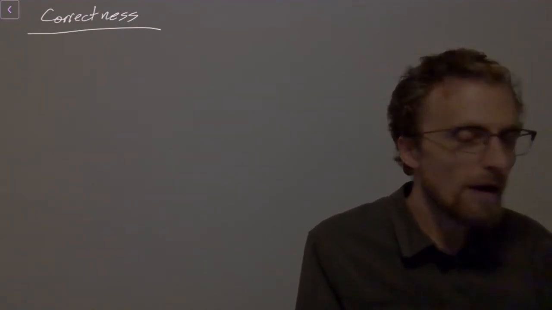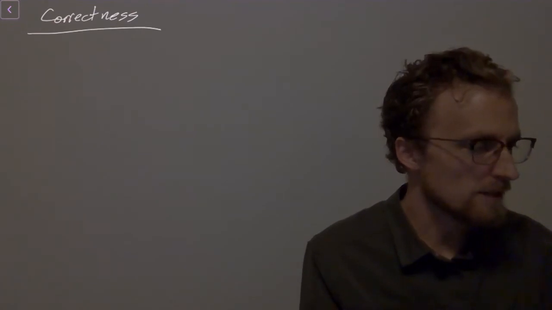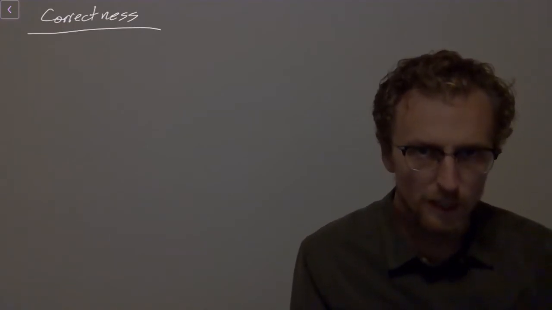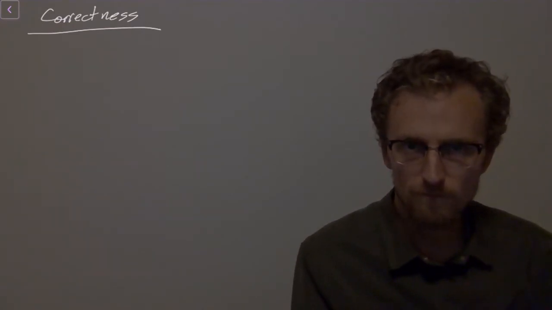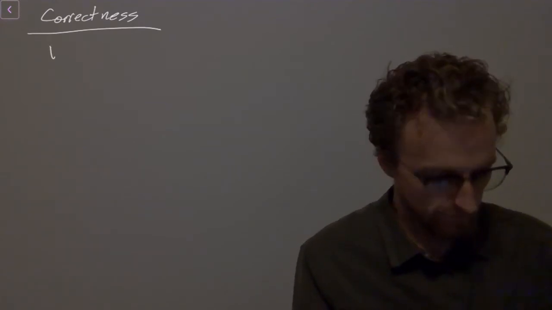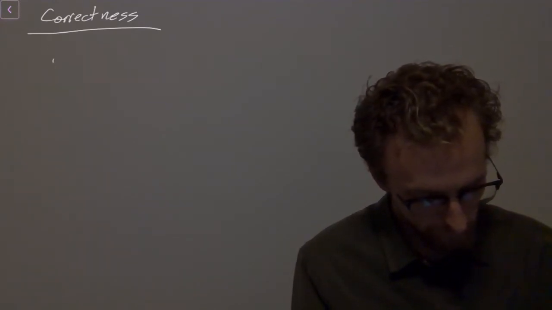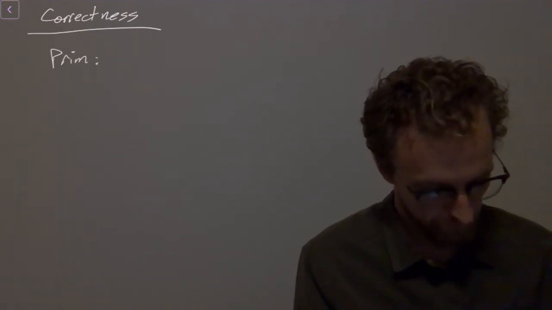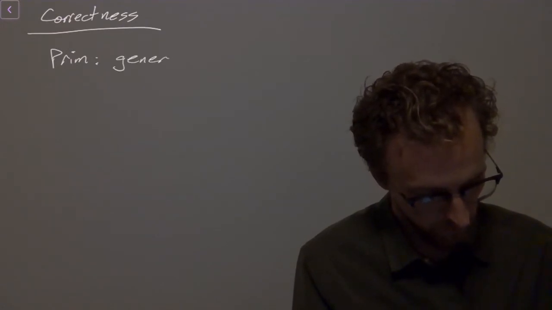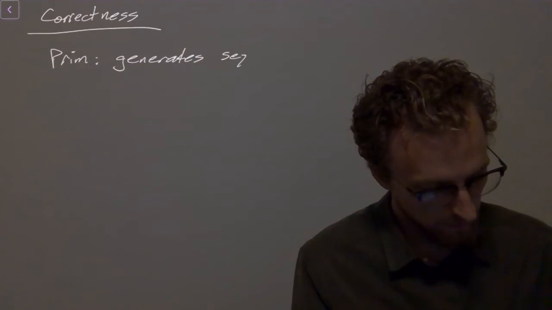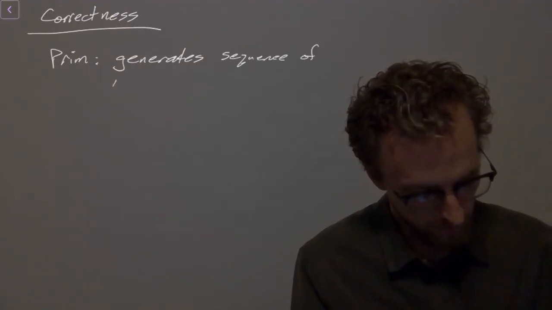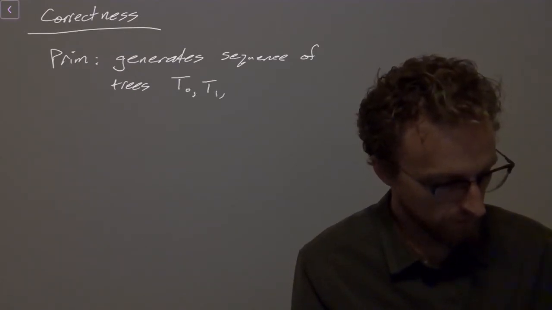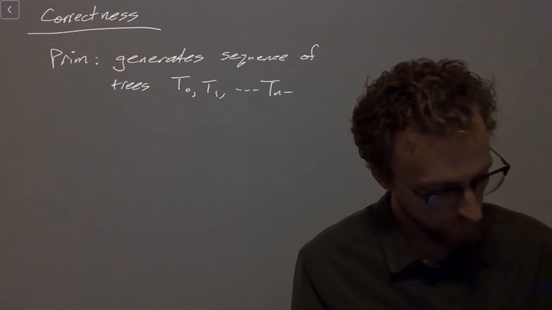So let's think about exactly why Prim's algorithm gives us a minimum spanning tree. Let's frame the operation of Prim's algorithm like this. Let's say Prim's algorithm, as it runs, generates a sequence of trees: T0, T1, all the way up to Tn minus 1.